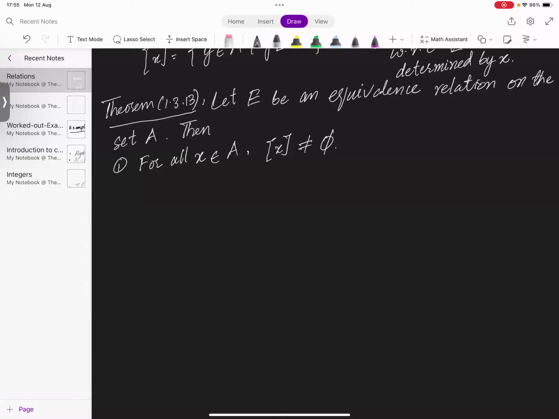This equivalence class will have some element. 2: if y is in the equivalence class of x, then the equivalence class of x and the equivalence class of y are the same, where x and y both are in set A.